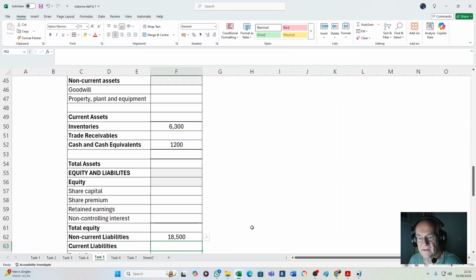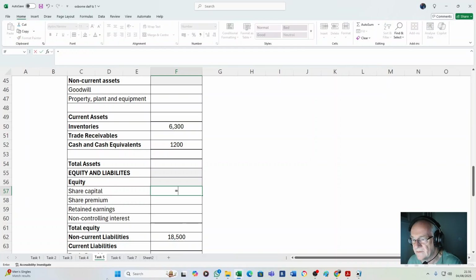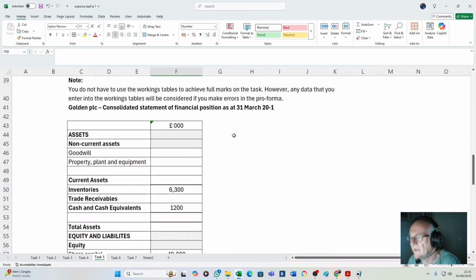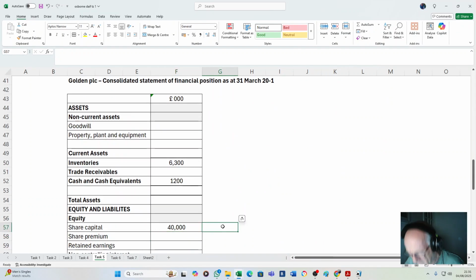So far, so good. Some marks earned, and all we've done is add things together. So the next couple of items are just knowledge. Share capital is always just the parent only.